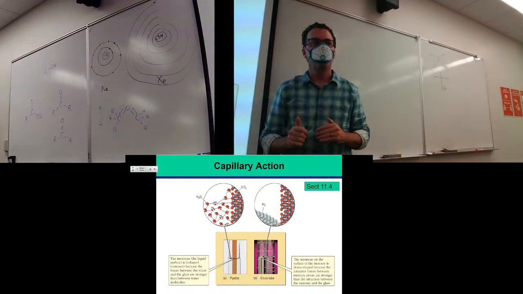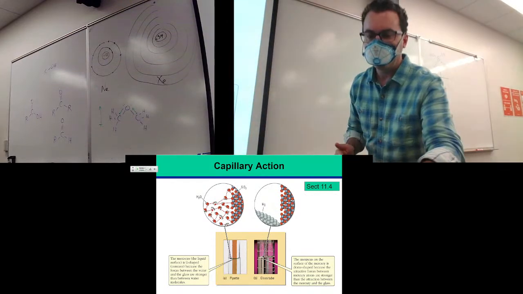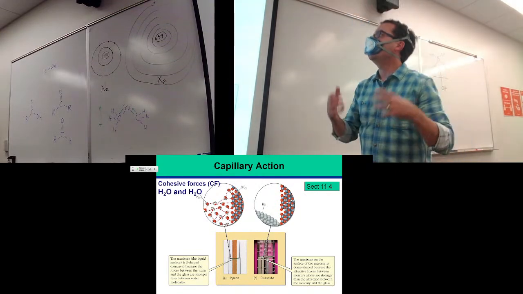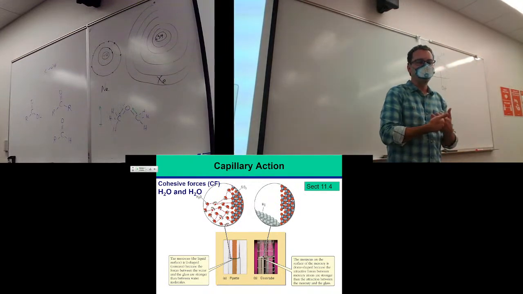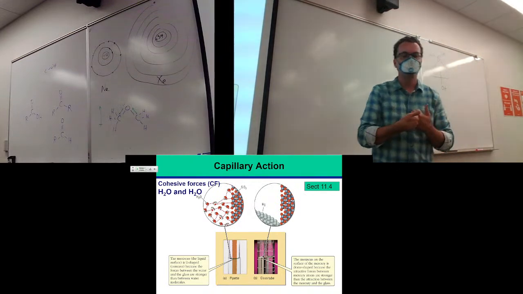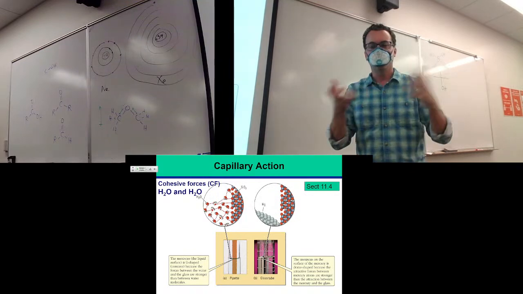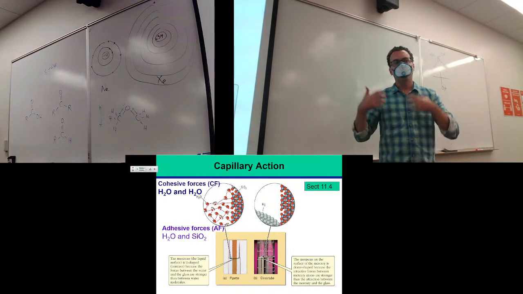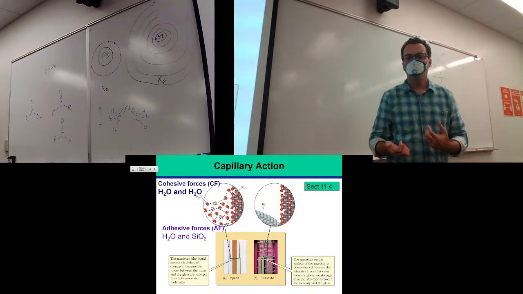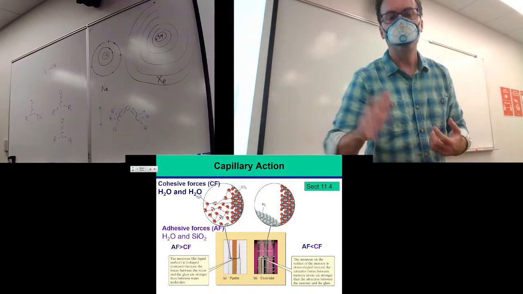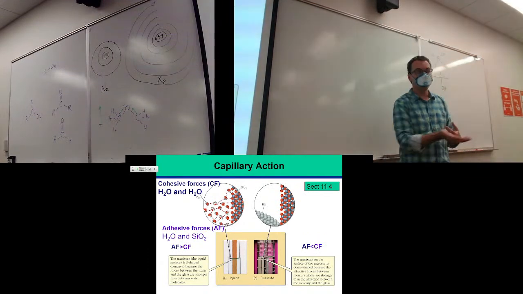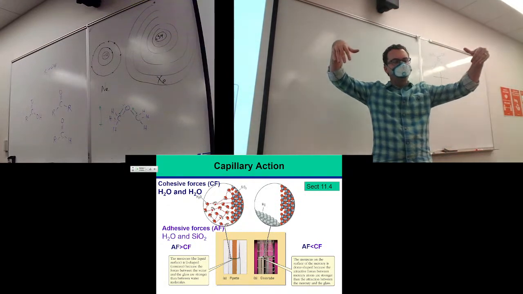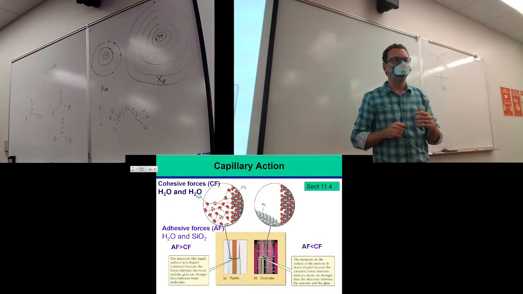It domes. To think about why that happens, let's talk about the difference between the attraction water might have for itself, which we'll call a cohesive force. So water attracts water, hydrogen bonding. But water is also attracted to the glass. We call that an adhesive force. In water's case, the adhesive forces are actually stronger than the cohesive forces, and so water will climb up the glass walls because it likes the glass walls better than it likes other water molecules.